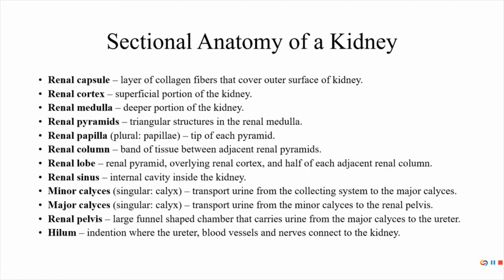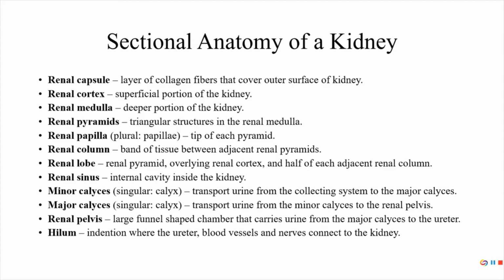So one of the things we're going to do with the minor calyces is we get the urine from the collecting system, and they will deliver that urine to the major calyces. The major calyces, they are collecting from the minor calyces, and they deliver urine to the renal pelvis. Now, the renal pelvis is more like a funnel.